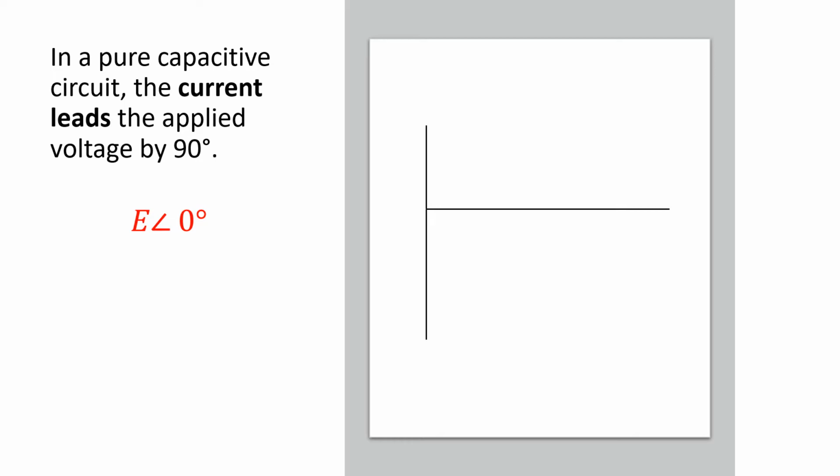Since our capacitors store voltage, and they charge up in the opposite direction to the applied voltage, when we have a continuing sinusoidal voltage, our capacitor is actually stored up to the voltage in the previous cycle.